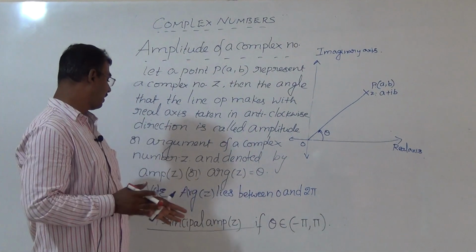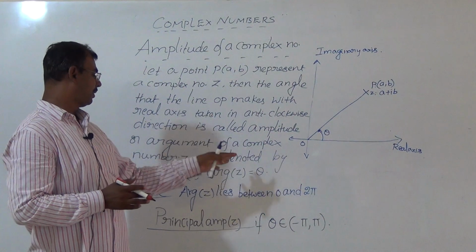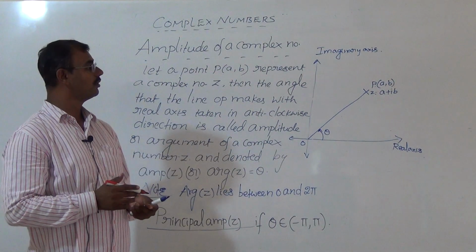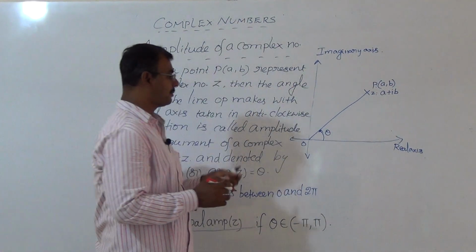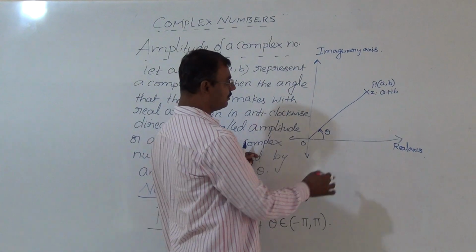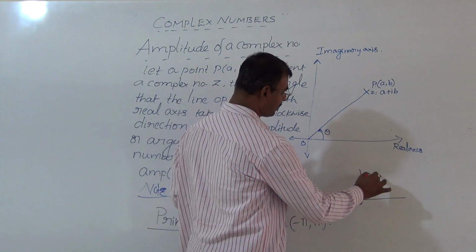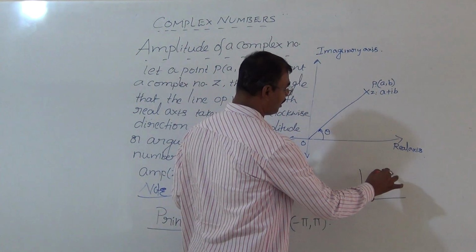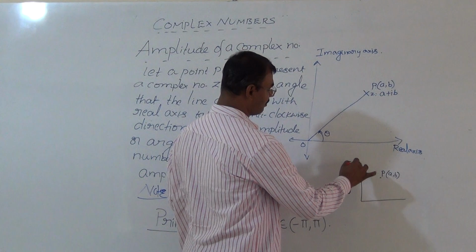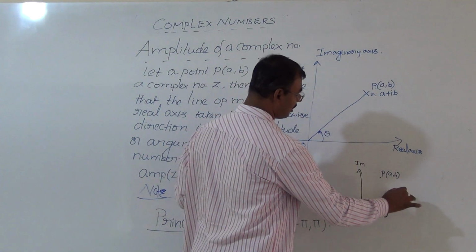How to calculate the principal amplitude of a complex number? Let us see here. Let P be the point (a, b). This is the imaginary axis, this is the real axis.